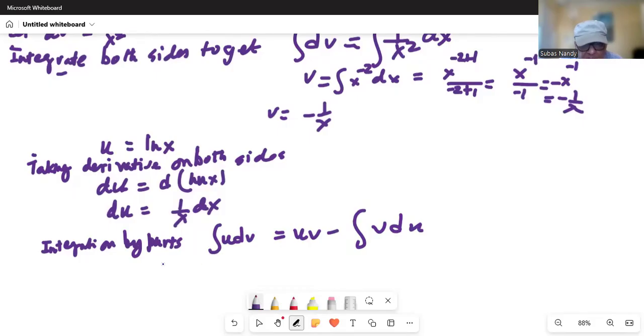So in our case, integration of ln x over x squared dx becomes equal to u and v together.